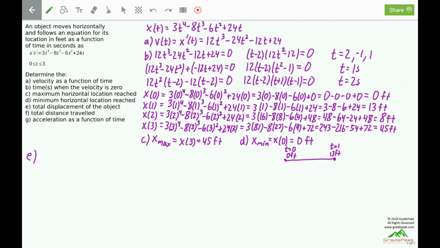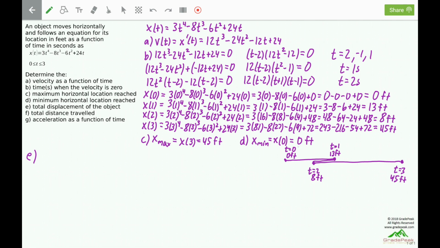Now it's turning around because it's going back to 8 feet. And at time equals 2, it'll be at that 8 feet. And then it's turning around again, and at time equals 3, it's at 45 feet.